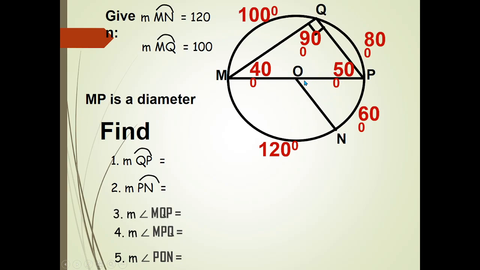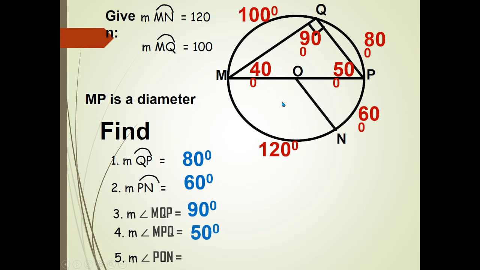And then one more here. This is a central angle, so its measure is also 60. Now, here are the answers. The measure of arc QP is 80. The measure of arc PN is 60. The measure of angle MQP is 90.